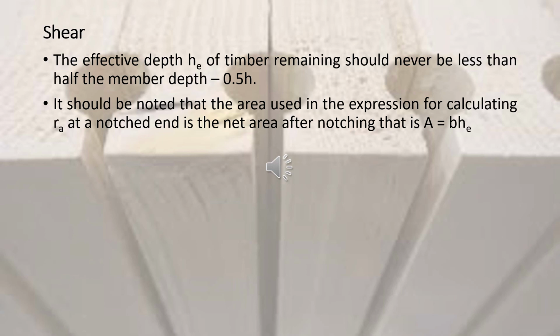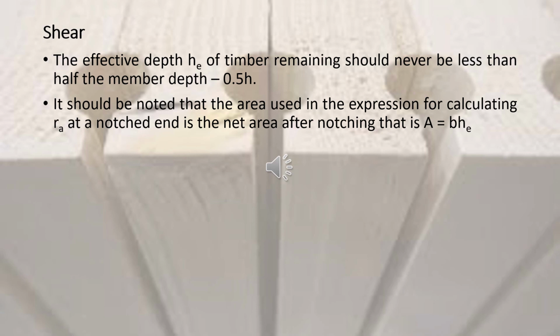Again, just to emphasize the height, the effective depth he of the timber you're designing should never be less than half the member depth. This is important and should be maintained at all times.